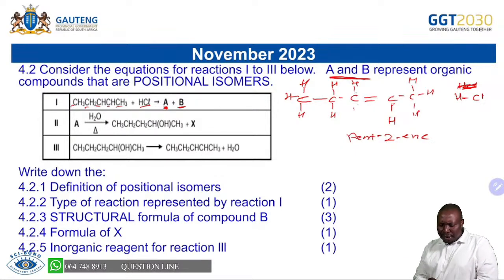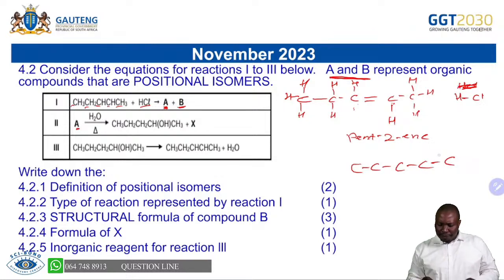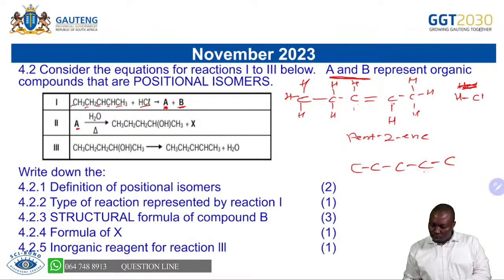Now, they go further and say, these products that are formed, A will be taken, and we are going to add water there. Let me write the product so that we move together. I don't leave you and talk to myself, and I want you to move with me. Now, remember, we had the option where the chlorine was in carbon number 2 here.